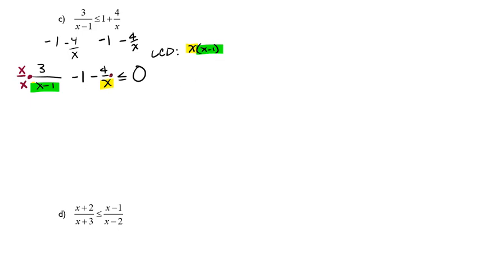And for the 4 over x, we're going to multiply that one by x minus 1 over x minus 1, which is also equivalent to 1, but now the denominators will match.